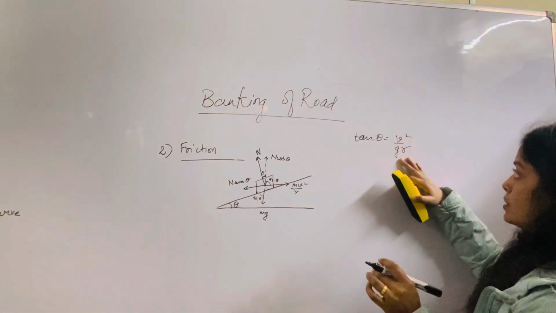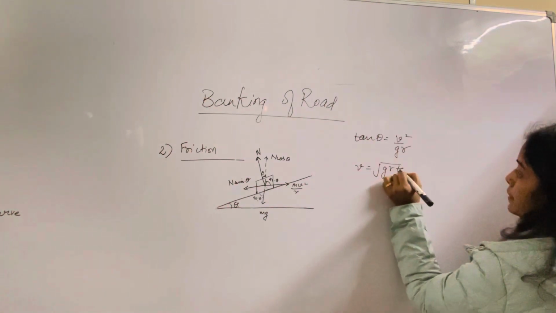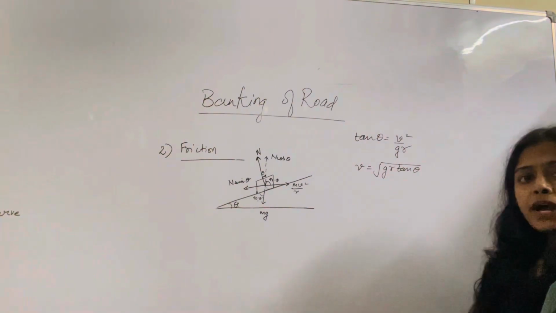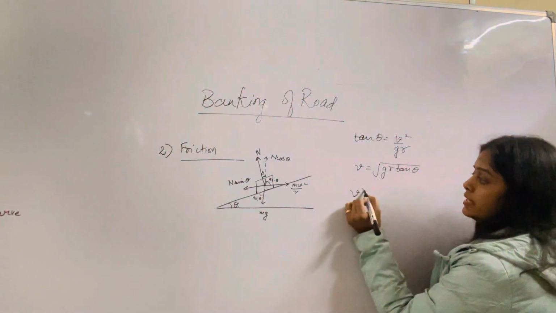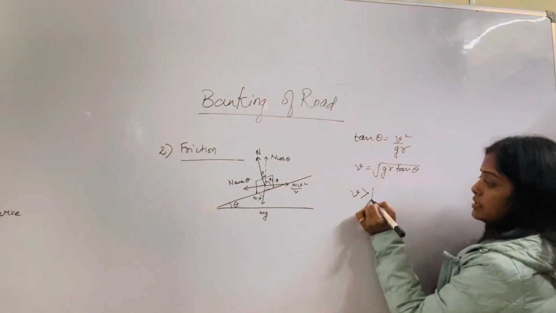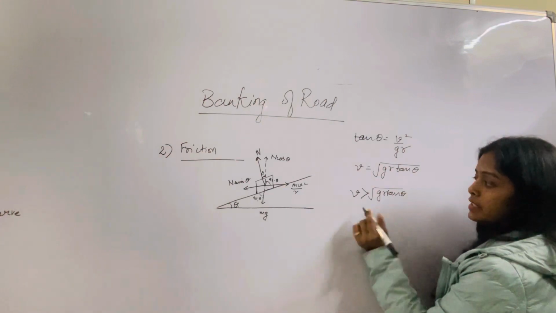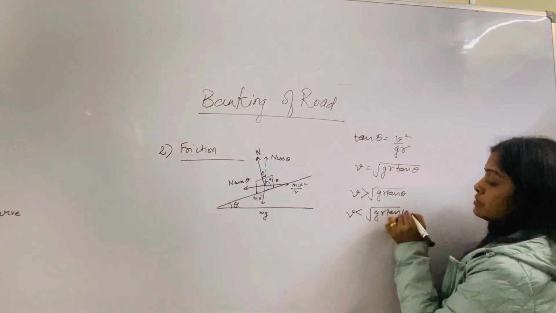When there is no friction, v is equal to under root of gr tan theta. There can be two kinds of cases when there is a turn: either the velocity is more than under root of gr tan theta or less than under root of gr tan theta.